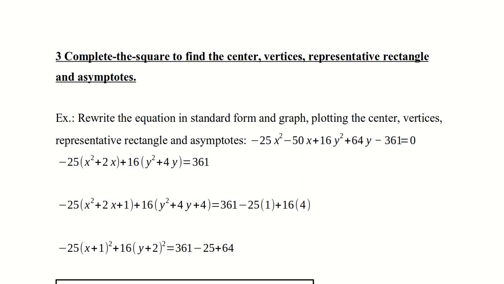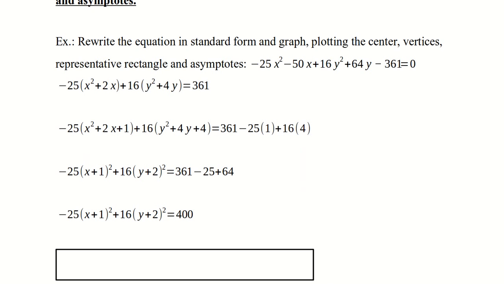So when we do the arithmetic on the right, we notice that 1 times 25 is 25, 4 times 16 is 64. Now, inside of parentheses on the left side, we just use the halves. So remember, half of 2 is 1, and that gives us our x plus 1 in the x terms. Half of 4 is 2, and that gives us our y plus 2. This is just completing the squares. Now, we need to do the arithmetic on the right side, and we do that. We learn that that's 400.